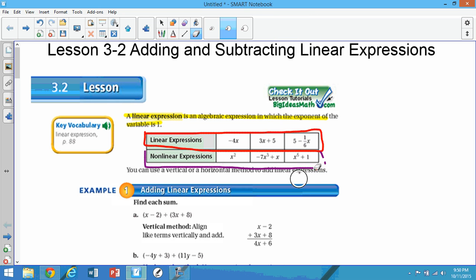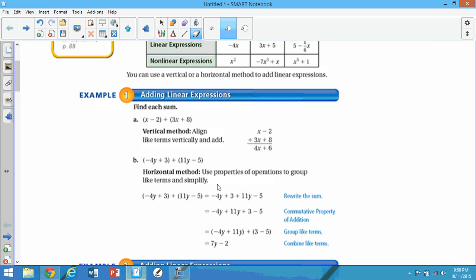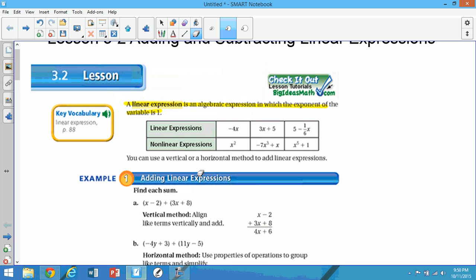So a linear expression is an expression, and in our case, we're going to pretty much be doing binomials, which means you have two factors or two add-ins. A linear expression is when a coefficient is multiplied with a variable and the variable has no exponent.